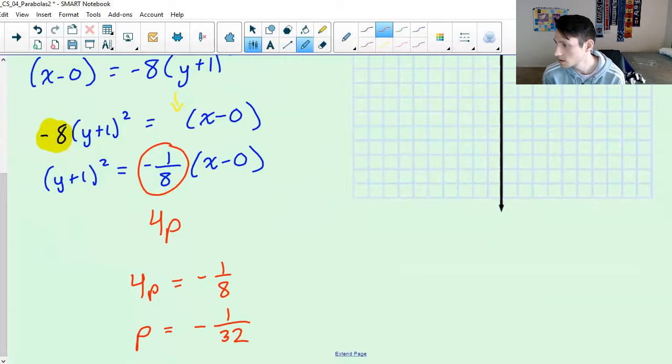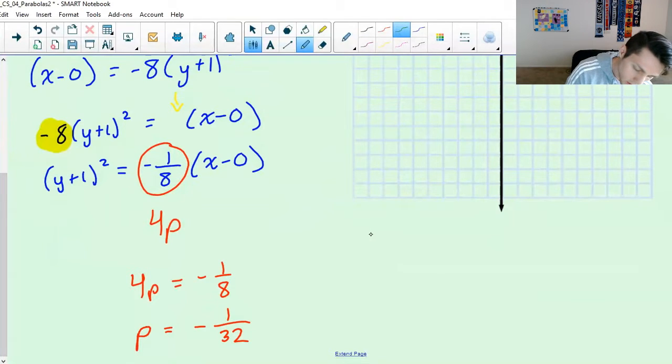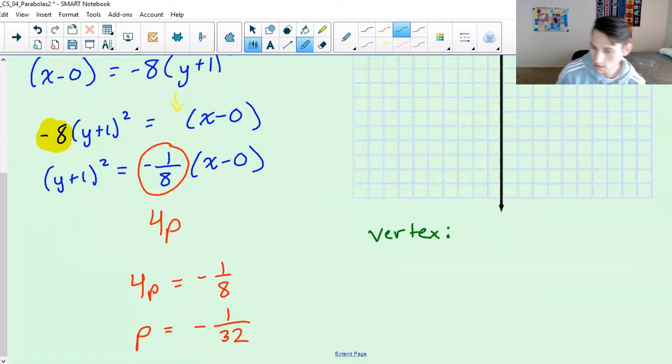P equals negative 1/32, if I divide by 4 on both sides. So I can determine a lot already. The vertex, I just have to look at (h, k), so 0, negative 1.